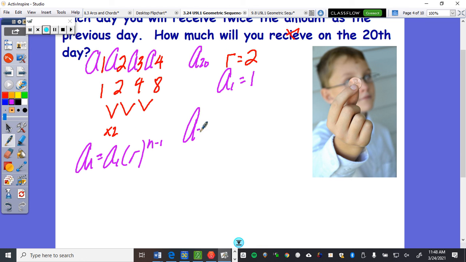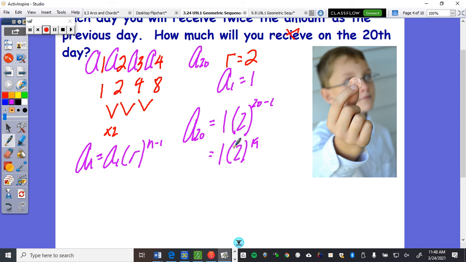On the 20th day, if I started off with 1 penny and it doubles each day, how many do we have? We have 1 times 2 to the 19th power.